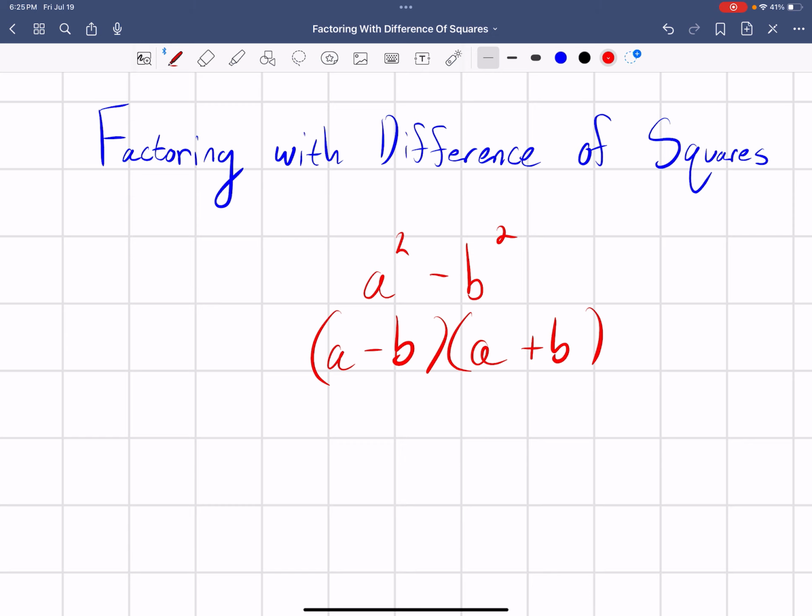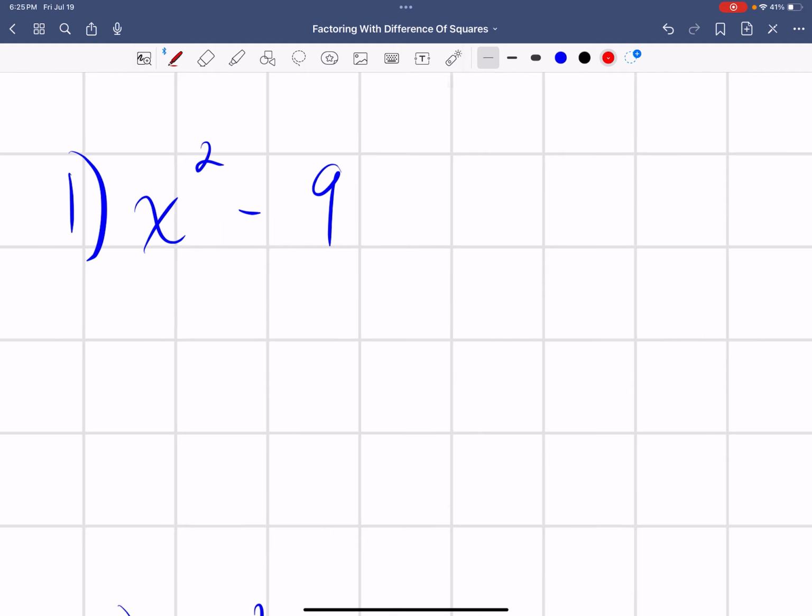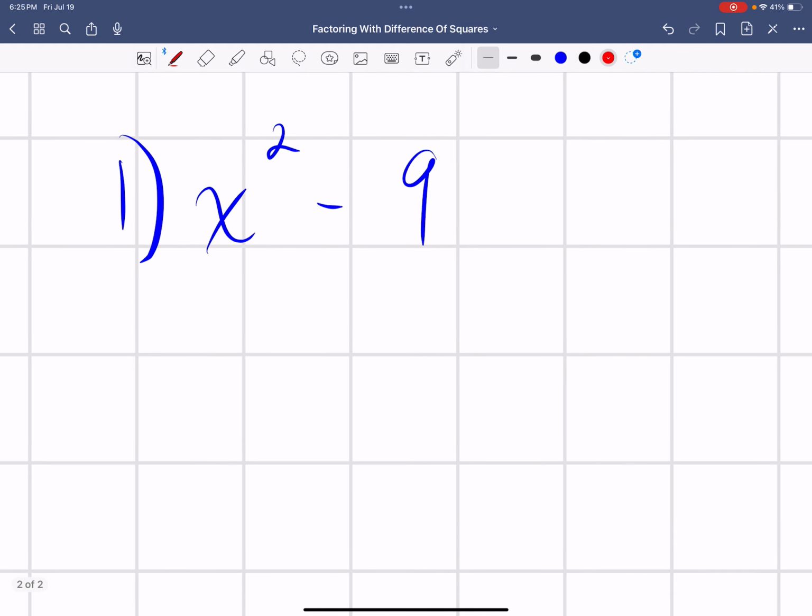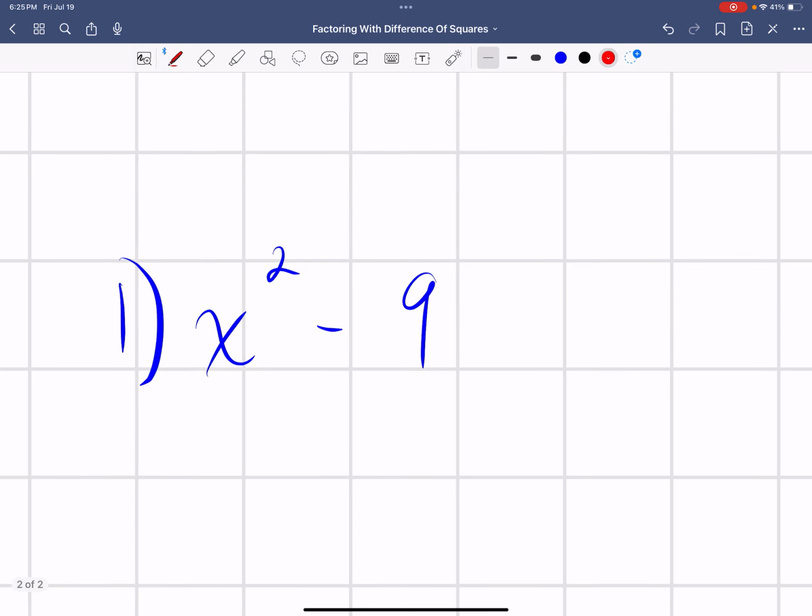So let's look at this using a couple examples. The first one here we have x squared minus 9. And we immediately see it's a difference, and that both of the terms are squares of something, right? What I like to do when I'm factoring differences of squares is to write out explicitly what squared gives me the first term here.